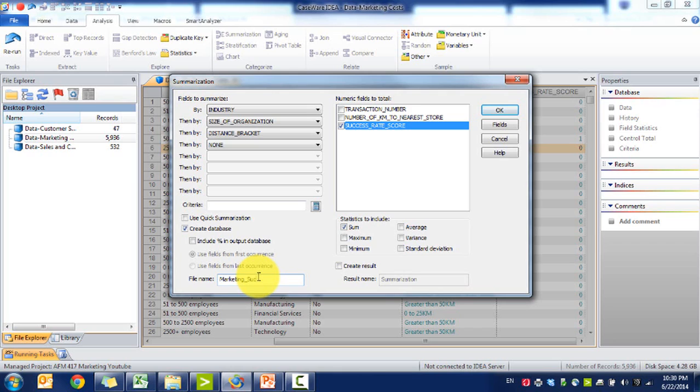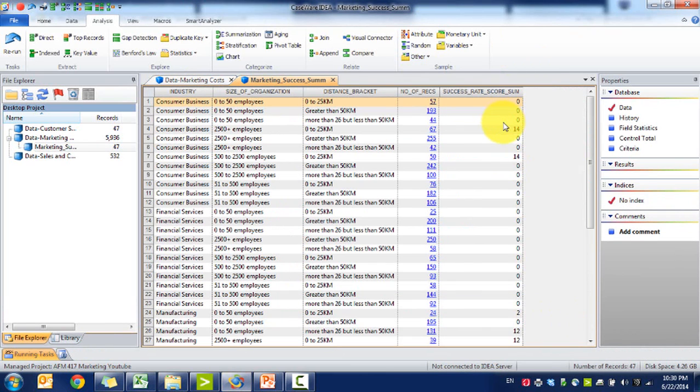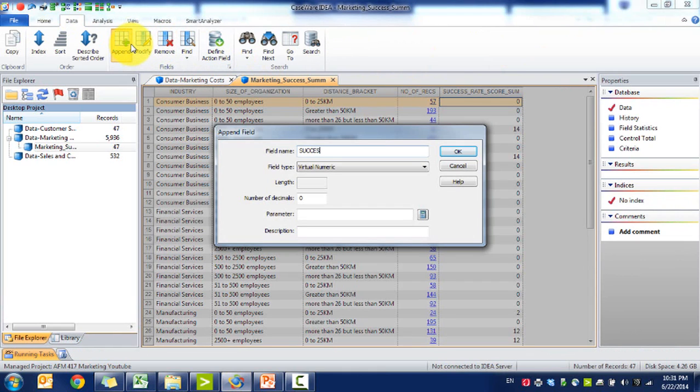So now we have the number of successes relative to the number of records for each group. So we're going to create a new field. We're going to call it success rate.